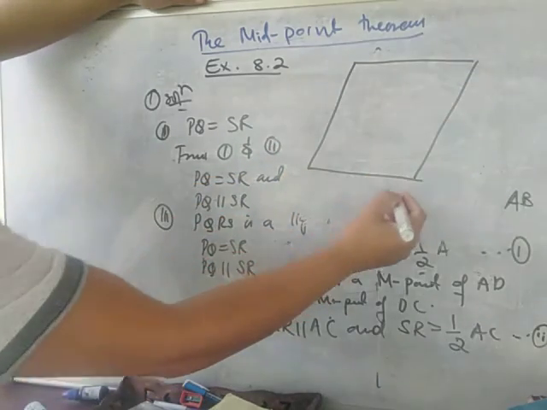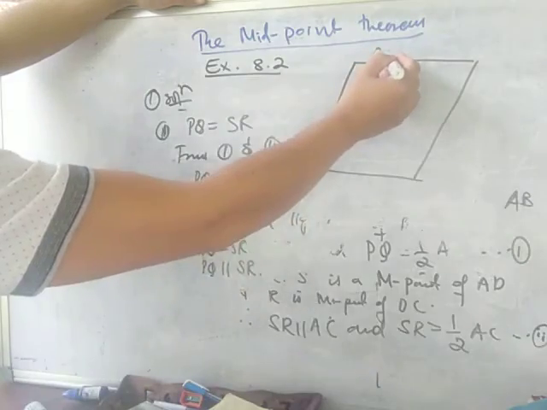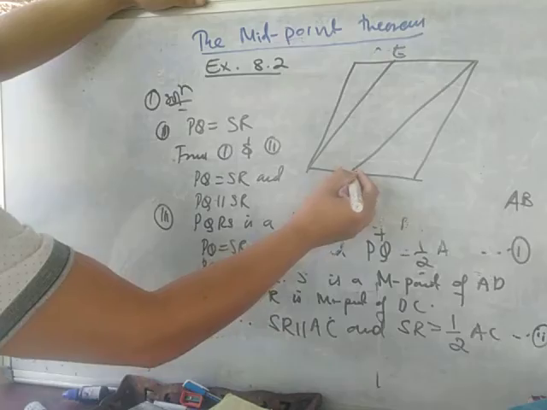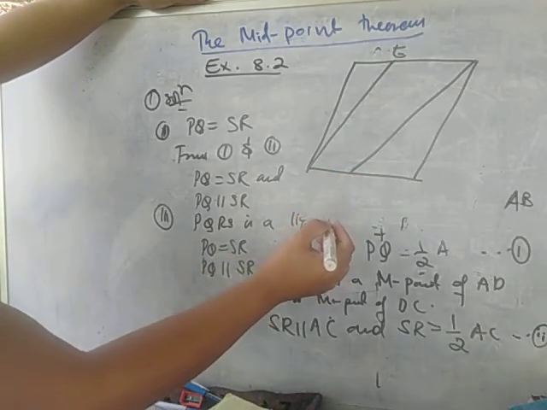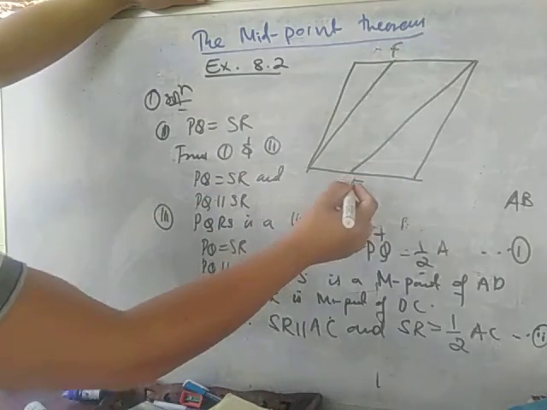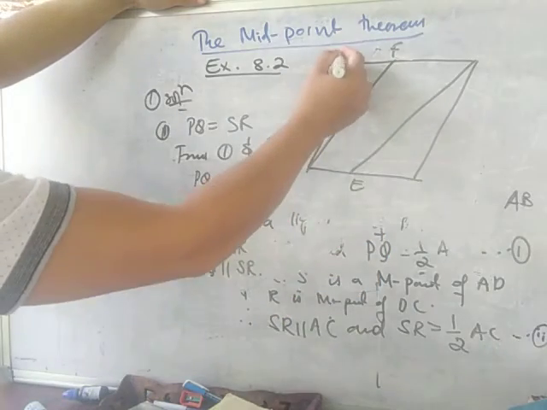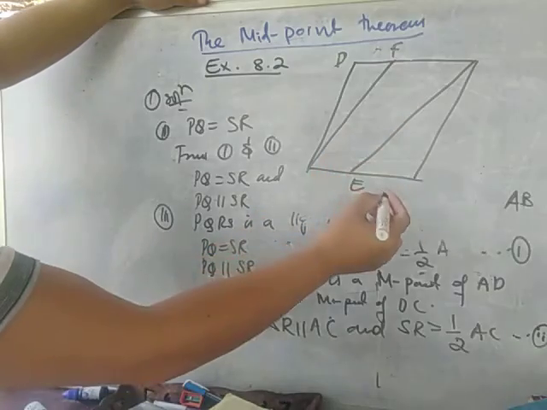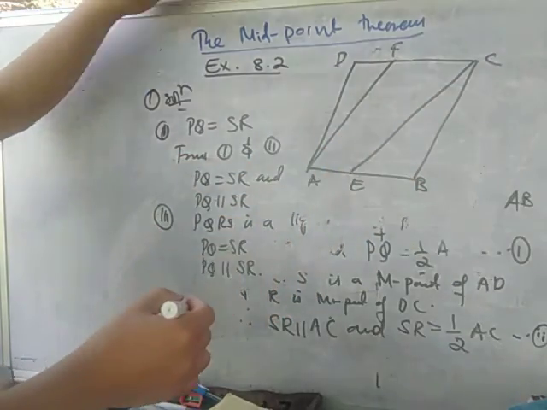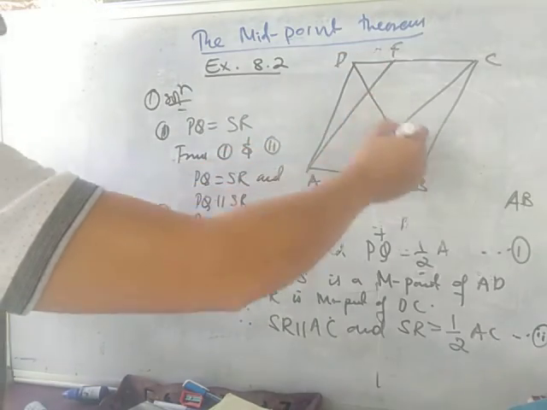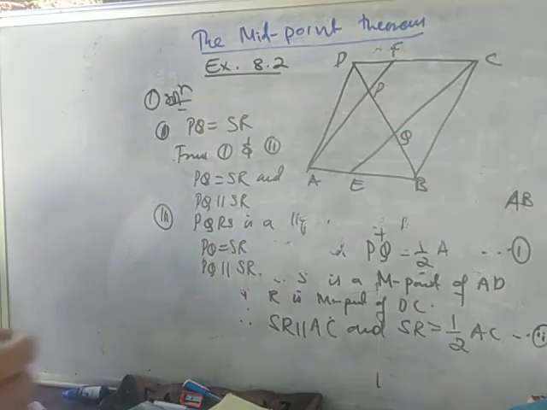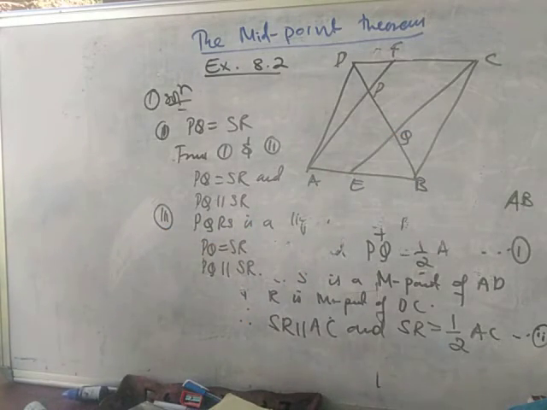Then you have E, F, D, A, B, C, okay? And this is the line DPQ. You have to find the trisection.